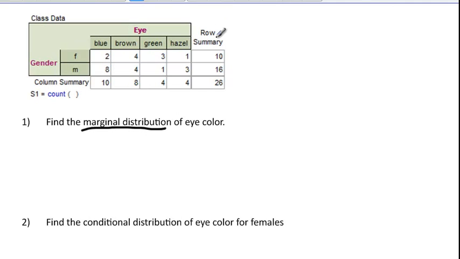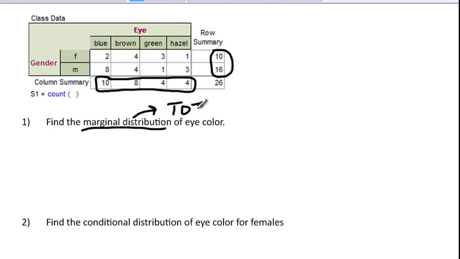I have my row summary, and I have my column summary. So these values are in the margins. In effect, when I'm asked to find a marginal distribution, I'm being asked to look at the totals for the rows and the totals for the columns.